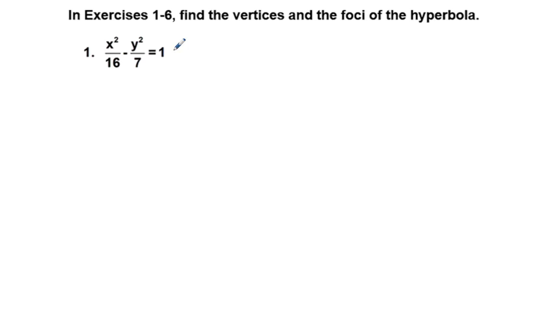The equations for hyperbolas are similar to those for an ellipse, but with some key differences. I'm going to write some standard forms of the equations here to begin. There are two different forms of hyperbolas, and one we're going to get by taking quantity x minus h squared over a squared, and instead of having a plus sign like for an ellipse, we're going to have a minus sign.